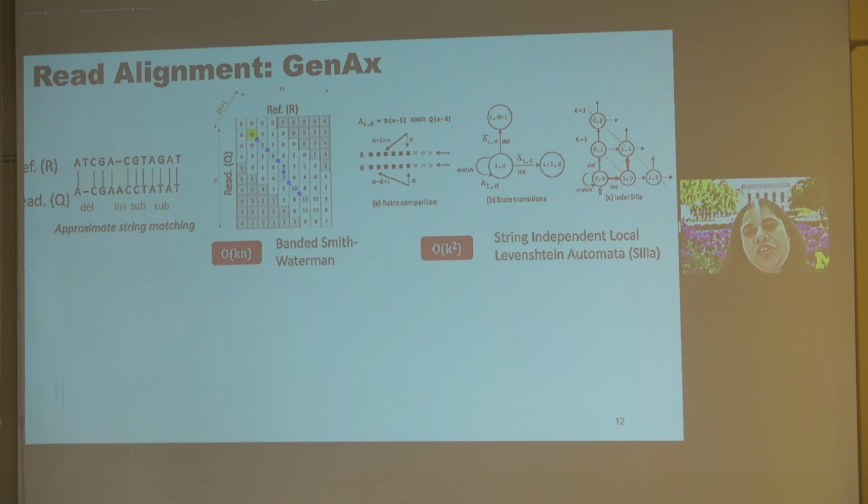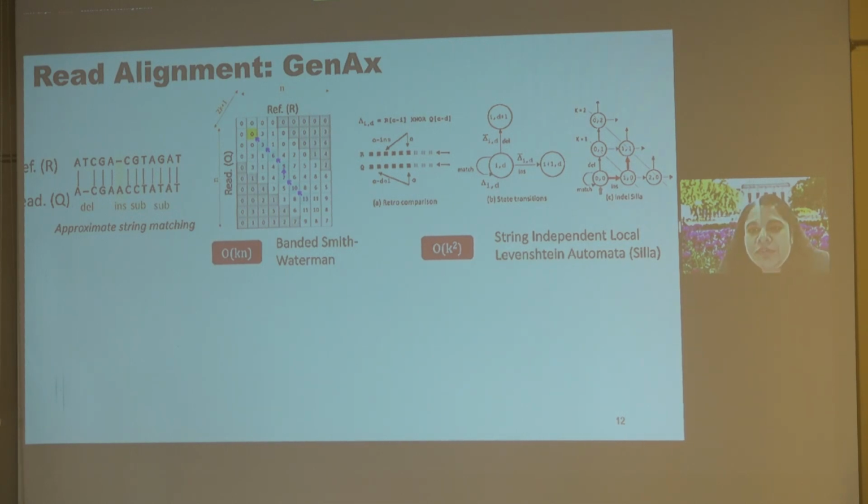And we came from a very different background. We were trying to look at Micron's Automata Processor initially and see if that can solve this problem, and we quickly realized that's not possible. But we wanted to build an automata to solve this problem.